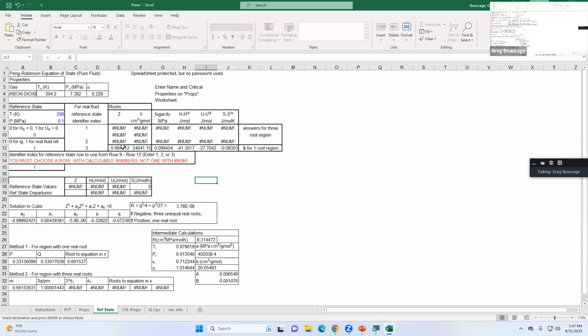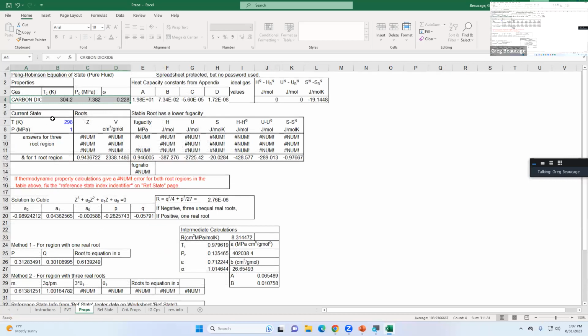So in this case, it's got just the one root here, which makes it look like it's supercritical, which it isn't. Something's wrong with this picture. This thing will calculate for you, but this answer has to be 3 here. Must have real values. So I'm not sure why that came out that way.